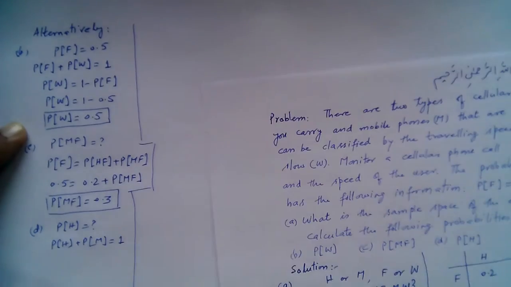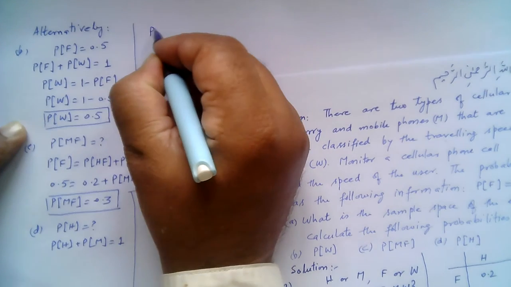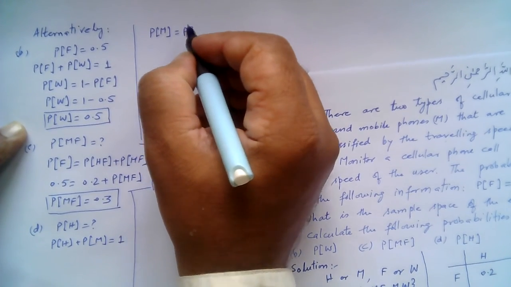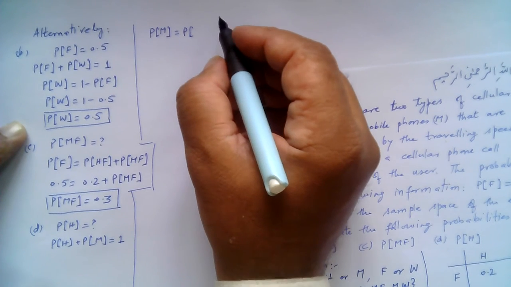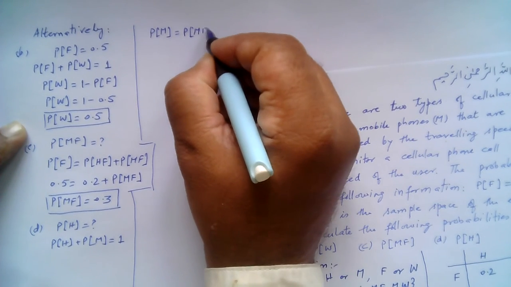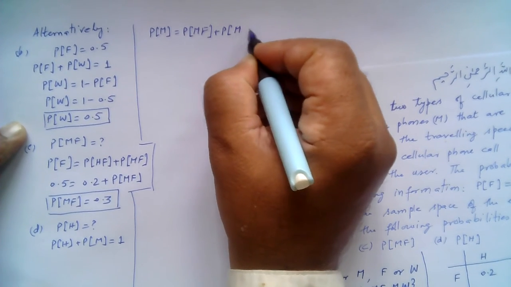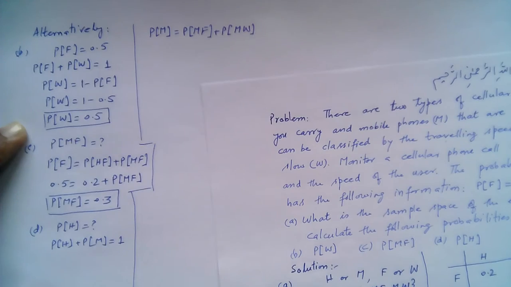So probability of a phone being mobile is probability of mobile phone which is fast and probability of mobile phone which is slow, right?